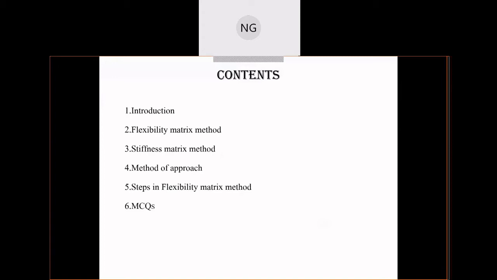Therefore, we require the matrix method to solve that type of problems. A consistent form will be formed by this matrix method, and the stiffness matrix method and flexibility matrix method are the two different types in matrix method that we discuss.